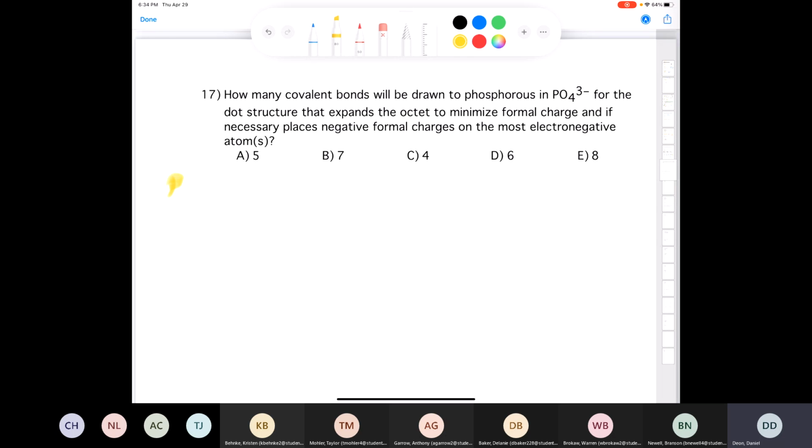We have PO4 3-. So from our phosphorus, we have 5 valence electrons plus 6 times 4 plus 3. That gives us 24 plus 8, which gives us a total of 32 valence electrons. Start with putting our phosphorus in the middle. We'll draw some bonds to oxygen like this.